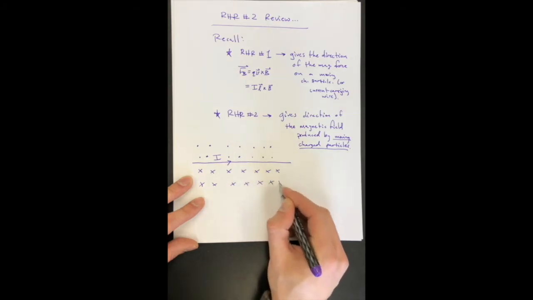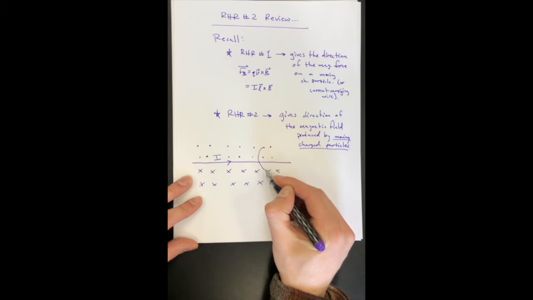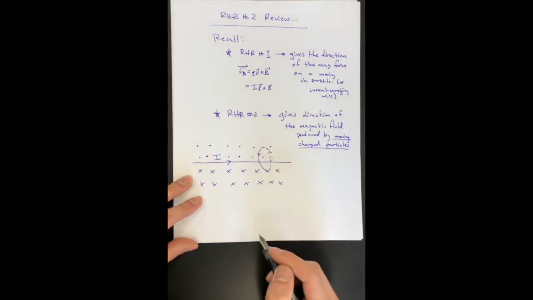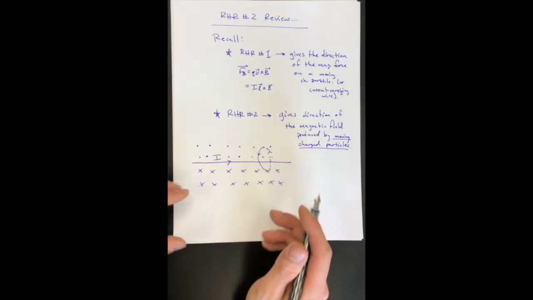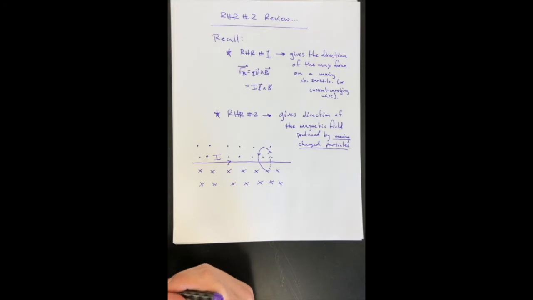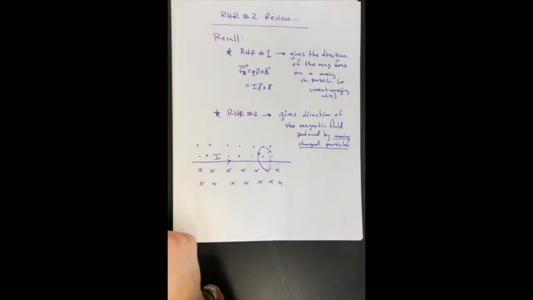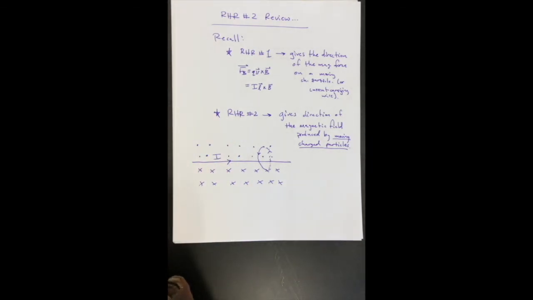And of course, each of these would show some magnetic field loop. And we know the field produced by this wire then would look like that. This is a two-dimensional representation of something that is, of course, three-dimensional. And so, again, the right-hand rule number 1 always tells us the direction of a magnetic force, and right-hand rule number 2 always tells us the direction of the magnetic field.